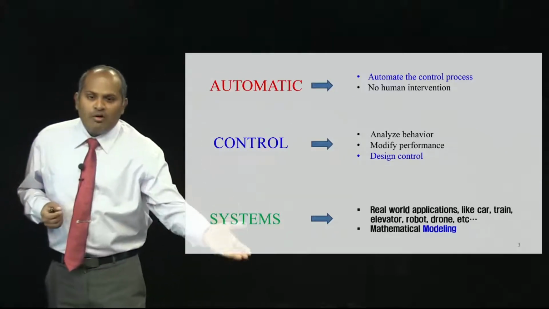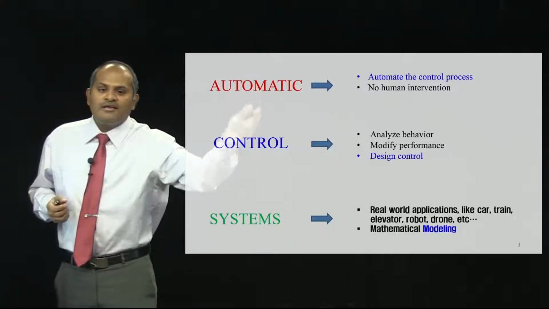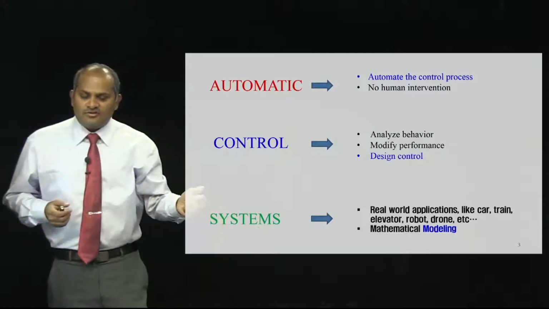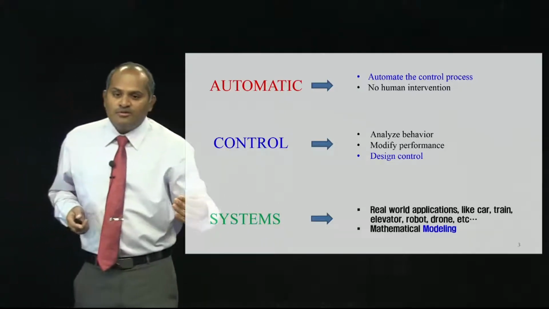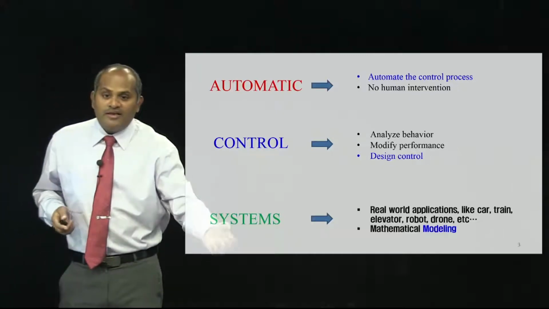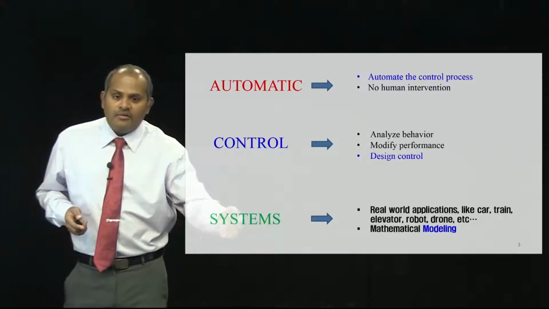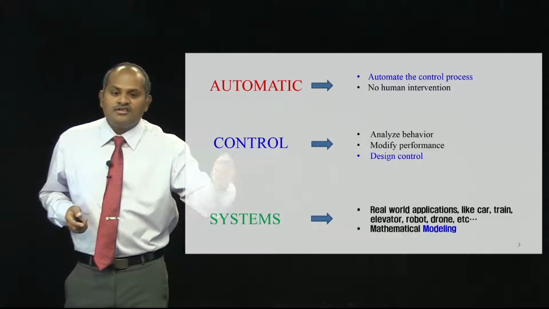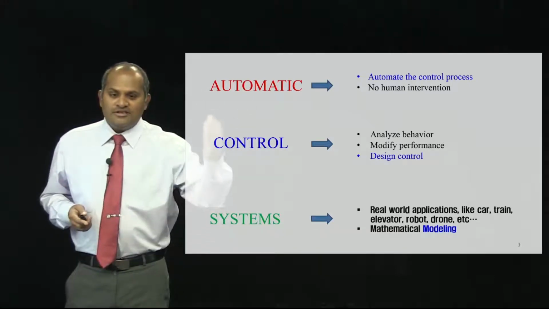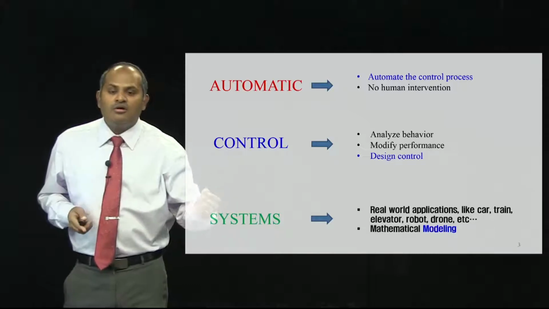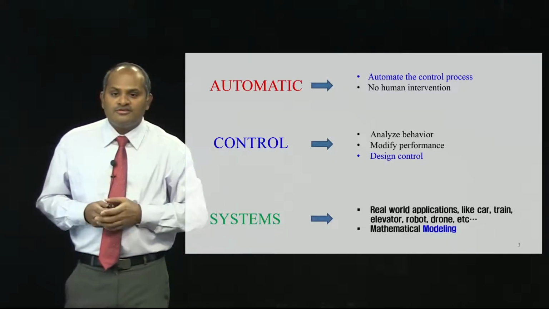If we combine all these three, we get automatic control systems. So, by finishing this course, students will be able to model any engineering system and then design the controller such that it can automatically control the system. This will be the final goal of our automatic control systems lecture.